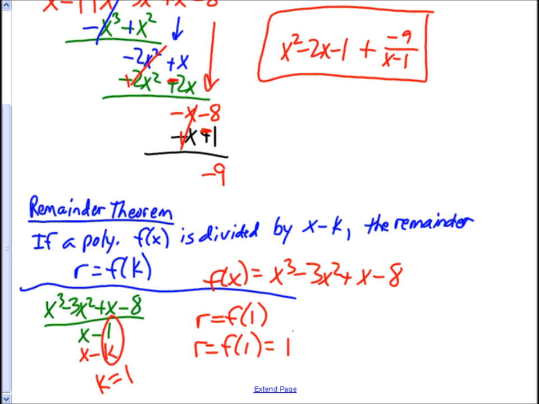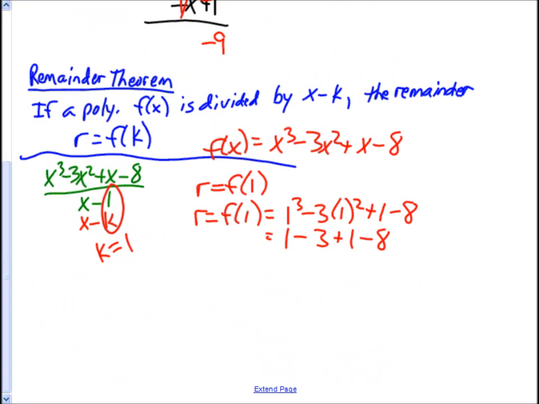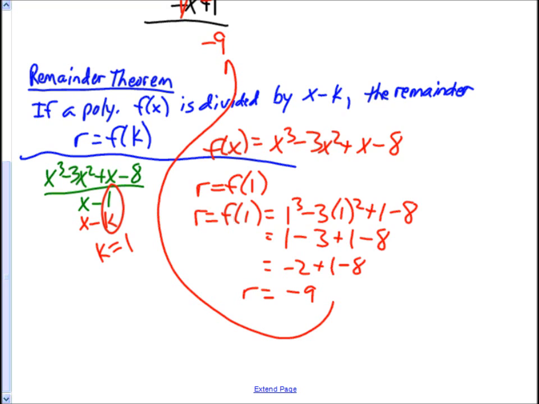So I go 1 cubed minus 3 times 1 squared plus 1 minus 8. And guess what that gives us? Negative 9. What was our remainder up here? Hey, there it is, right? There's our remainder, negative 9.